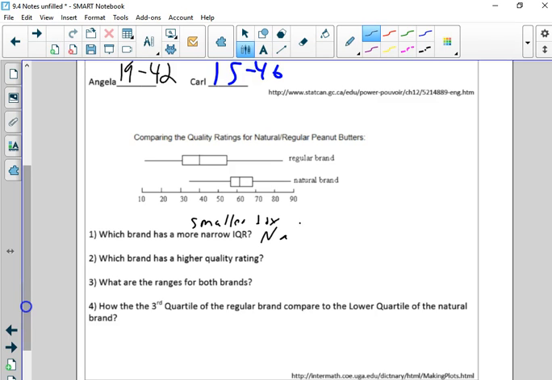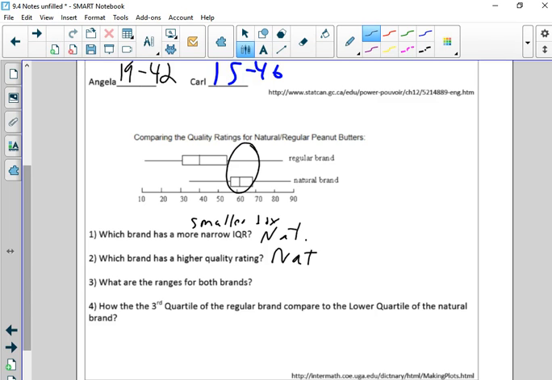And that's going to be natural. Which brand has a higher quality rating? That's overall. You can see almost the whole middle part here is to the right of the entire box of the other one. So natural.